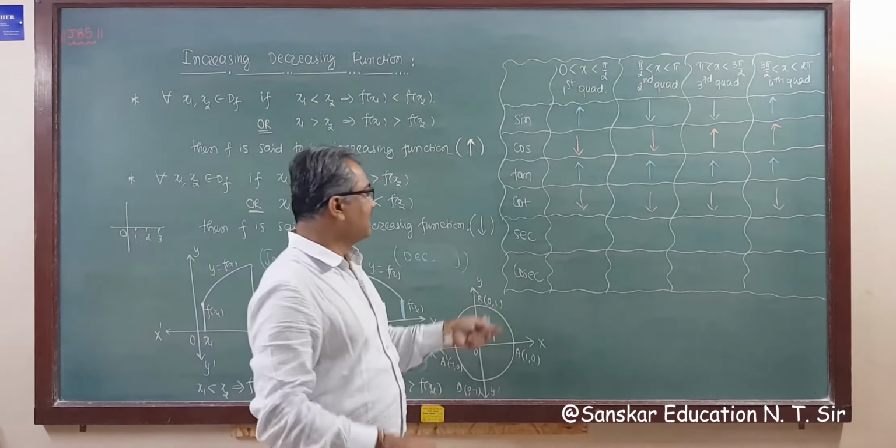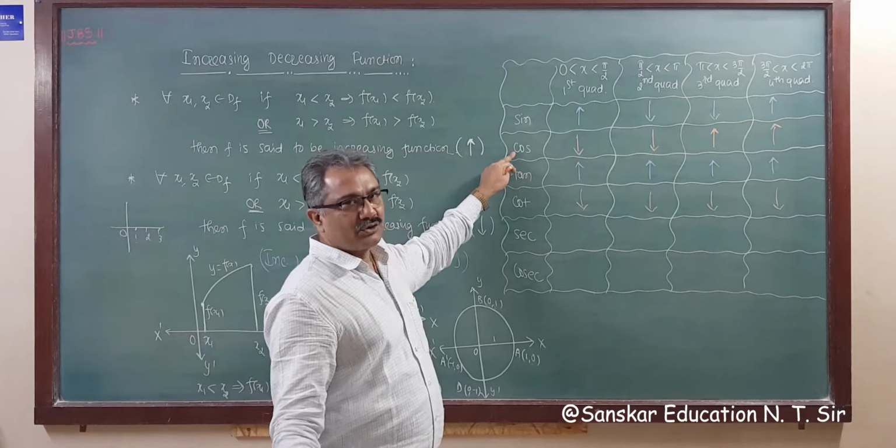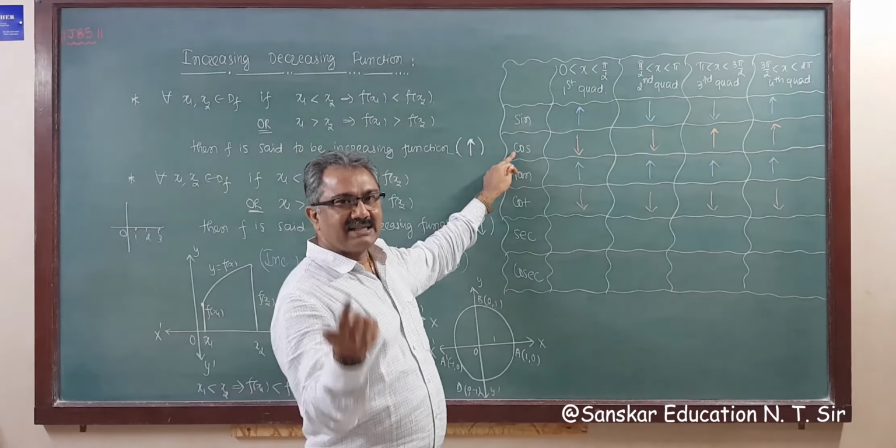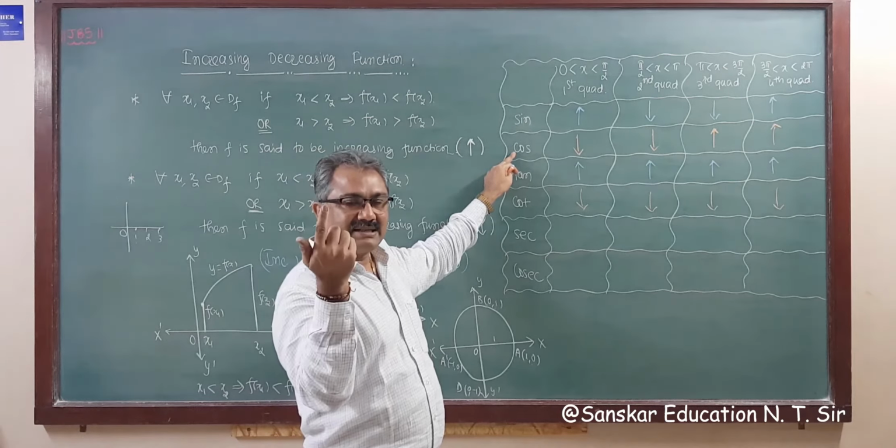Now sec is the reciprocal of cos, so if cos decreases, sec increases; if cos increases, sec decreases. So here in the first quadrant cos is decreasing, so sec is increasing. This is decreasing, so this is increasing, this is increasing, so this is decreasing, and this is decreasing.